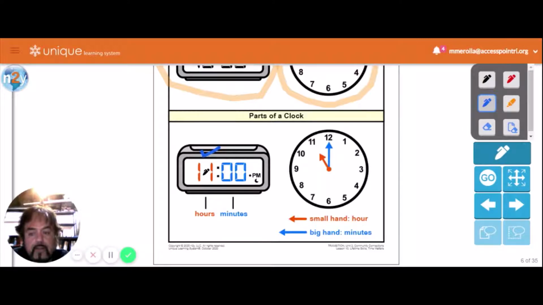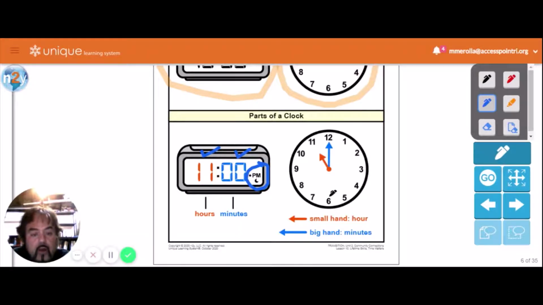The hours are on the left on a digital clock, and the minutes are on the right. Over here you see it says PM, and there's a little moon on there, so you can tell PM means after 12 o'clock noon.